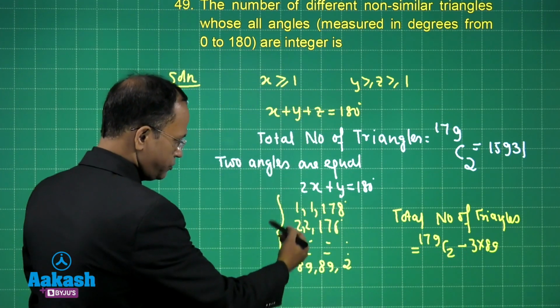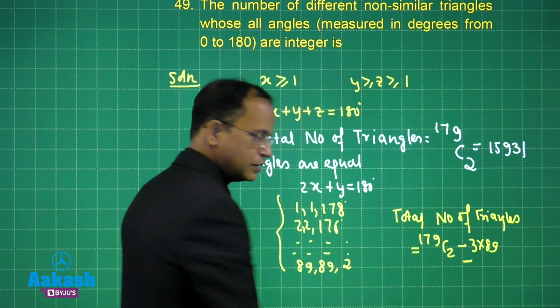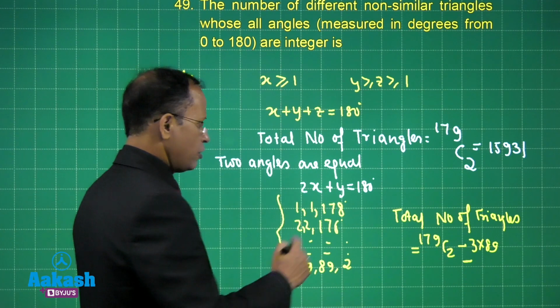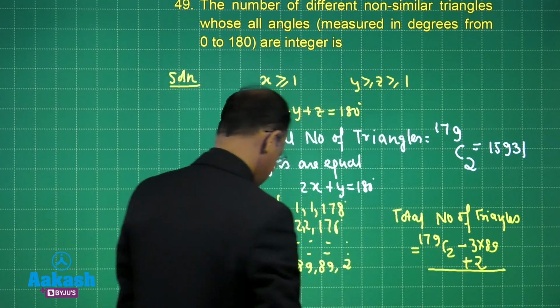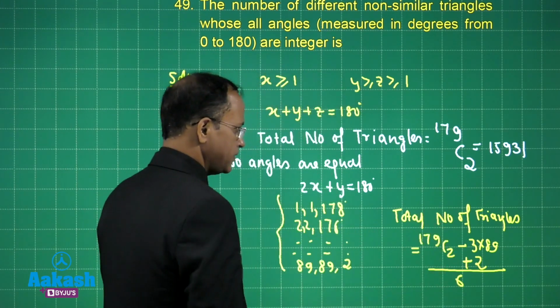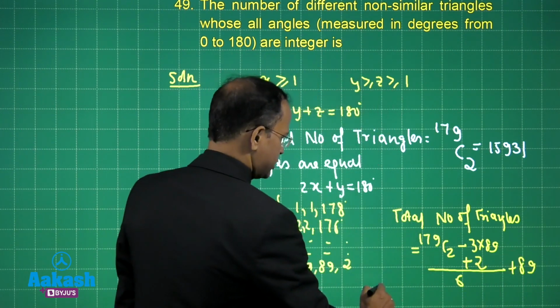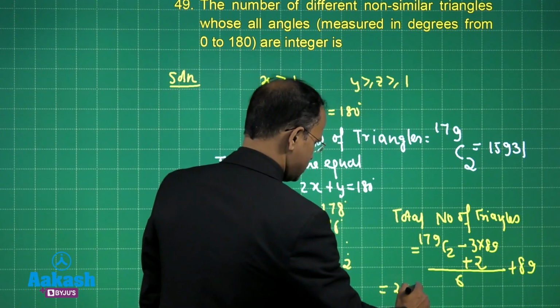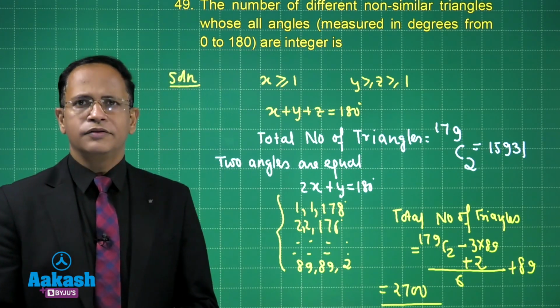And also within these triangles we have 2 cases of the same angles, right? We divide it by 6. Then we add 89. Once we add it, we come out with 2700. Okay, so this is the final answer we have.